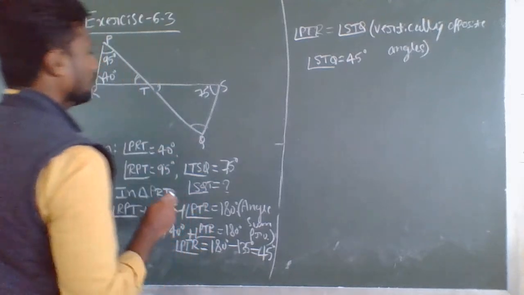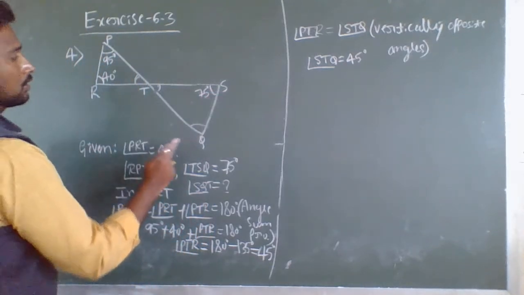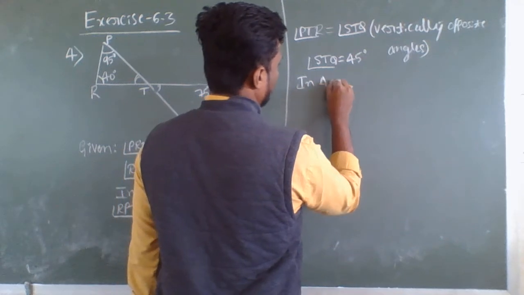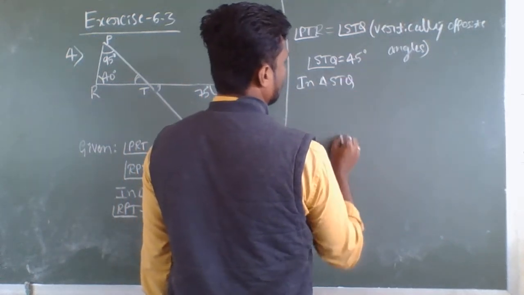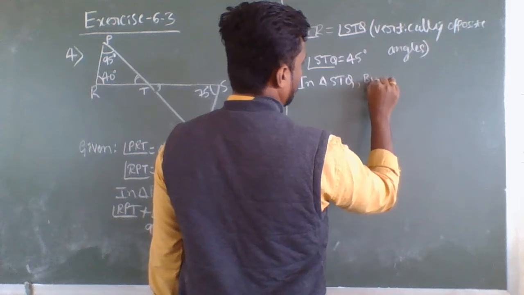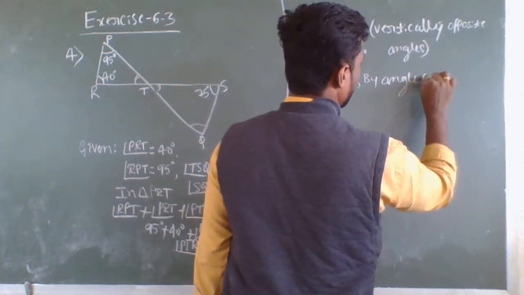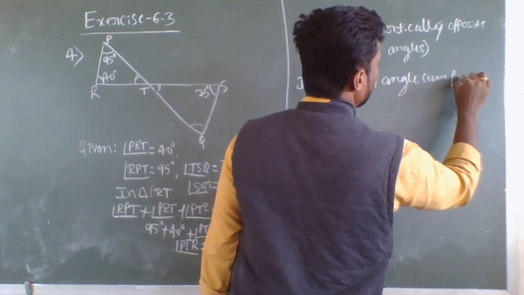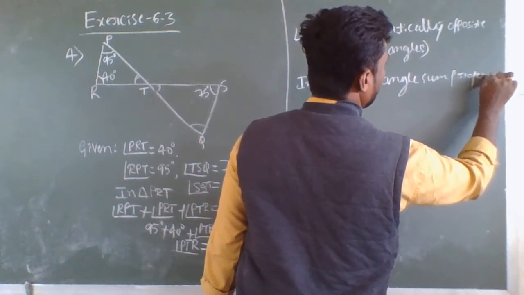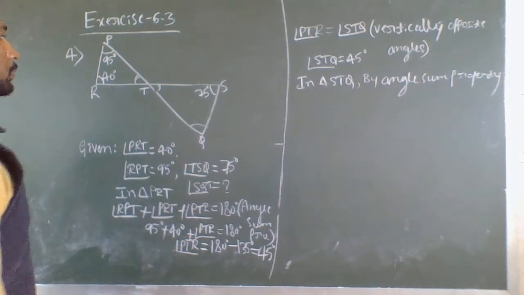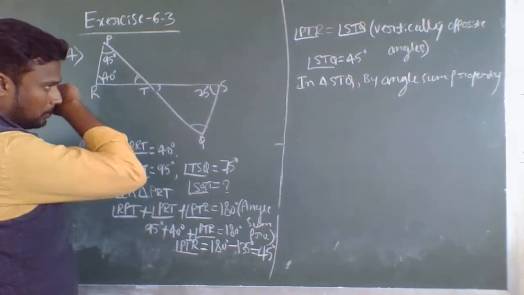Now in triangle STQ, by the angle sum property, what can we write? Here we have two values.